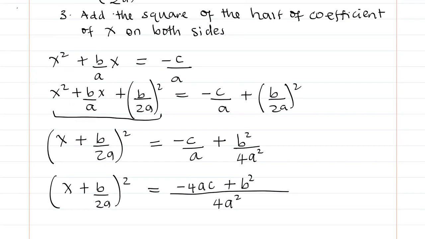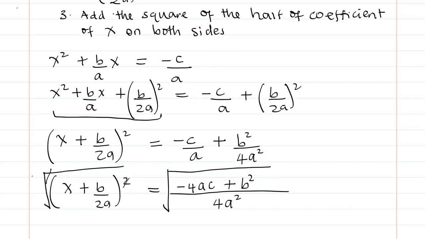And then from here, we take the square root. We take the square root on this side, and also we take the square root on this side. And after taking the square root, remember this root and these two will cancel.